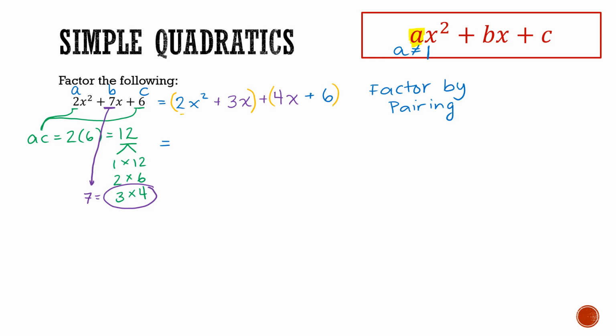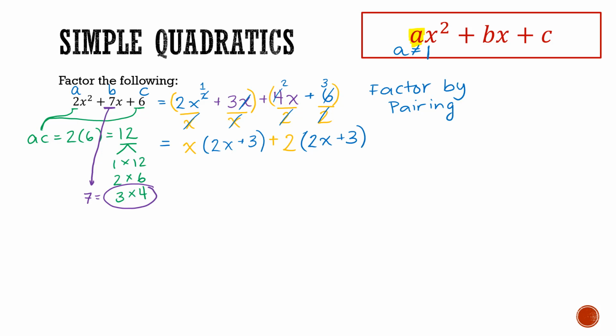So for my first pair, I've got a common factor of x. So I get x times 2x squared divided by x leaves me with 2x, plus 3x divided by x leaves me with 3. Now this next pair, I've got a common factor of 2. So I've got plus 2 here times now 4x divided by 2 leaves me with 2x, and 6 divided by 2 leaves me with 3.